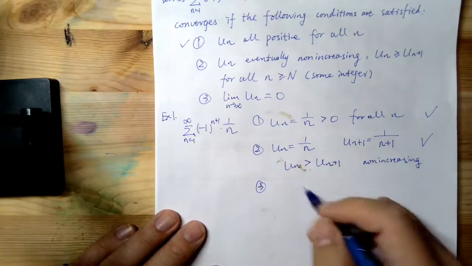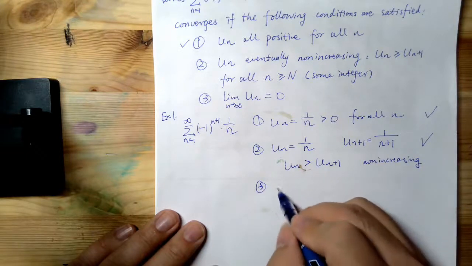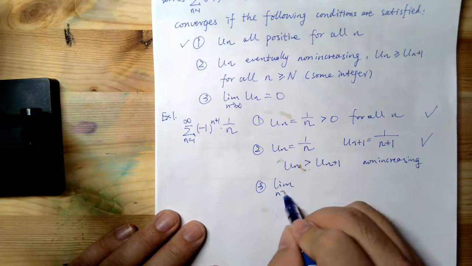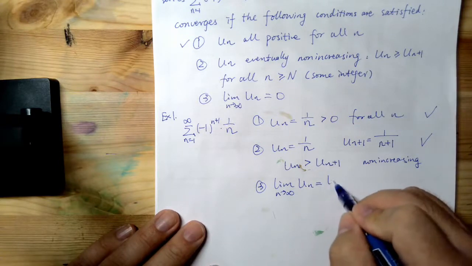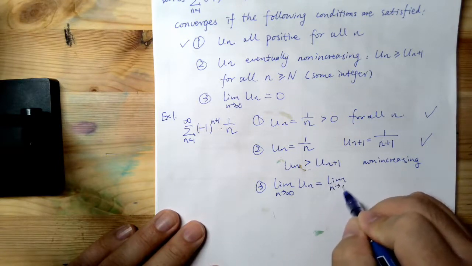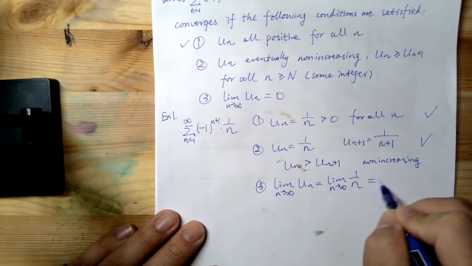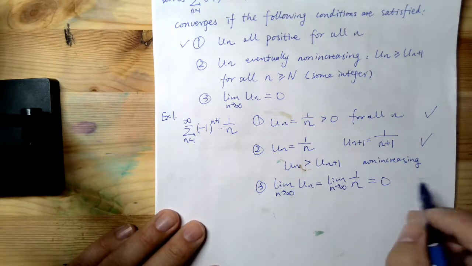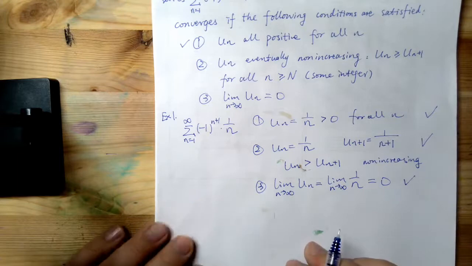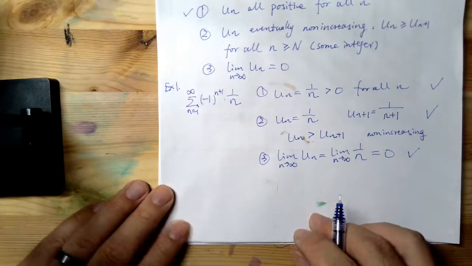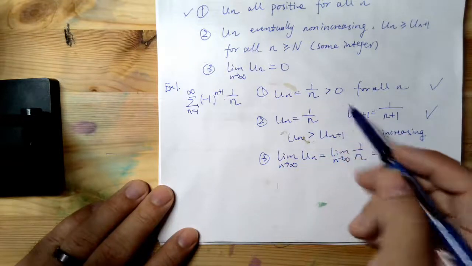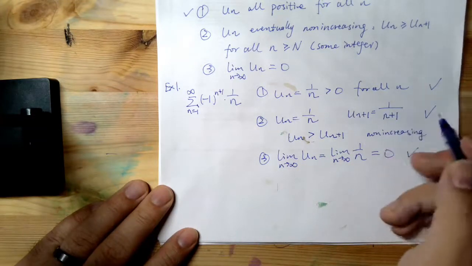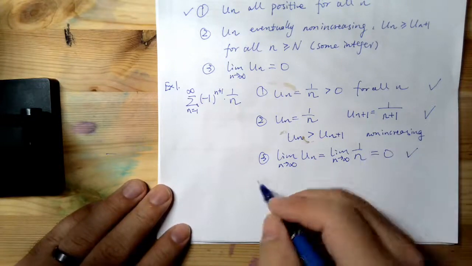Third one, as you can see, the limit as n goes to infinity of u_n, which is the limit as n goes to infinity of 1 over n, apparently this is 0. So the third condition is also satisfied. So from here you can see that this alternating harmonic series itself converges.